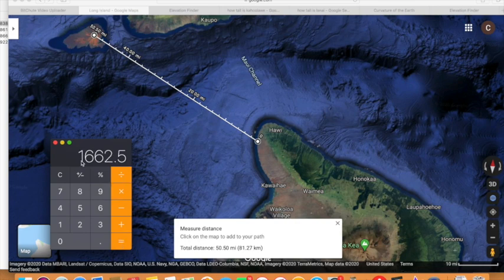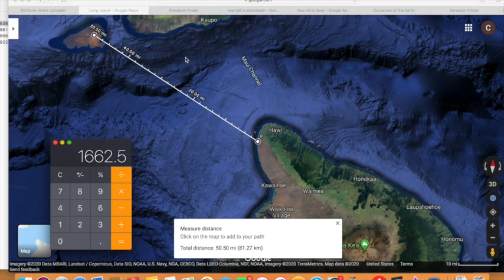So we're not supposed to see anything below 1,662 feet from Mahukona, 50 miles away from Kaho'olawe. And remember, the height of Kaho'olawe was 1,477. So I'm not even supposed to see that from ocean level, according to the Earth curvature map that's all over Google.